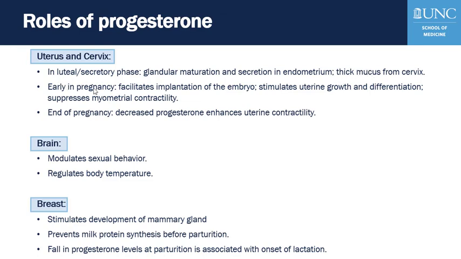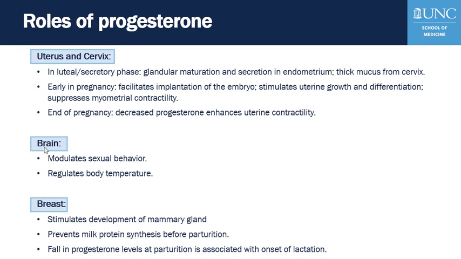Early in pregnancy, progesterone also facilitates implantation of the embryo and maintains pregnancy through stimulation of uterine growth and differentiation. In addition, progesterone acts on smooth muscle cells to inhibit contractility and maintain smooth muscle relaxation in the uterus throughout the pregnancy. And then in contrast, at the end of pregnancy, a decrease in progesterone levels enhances uterine contractility.